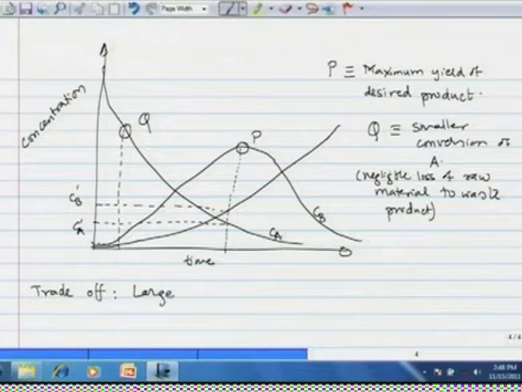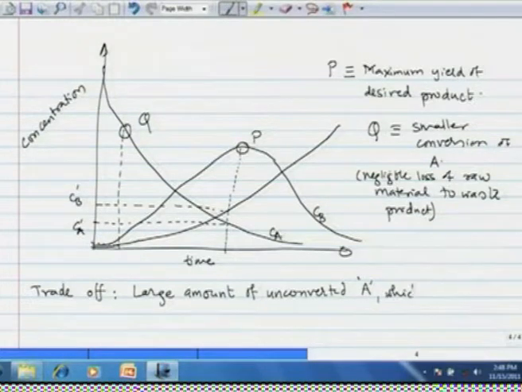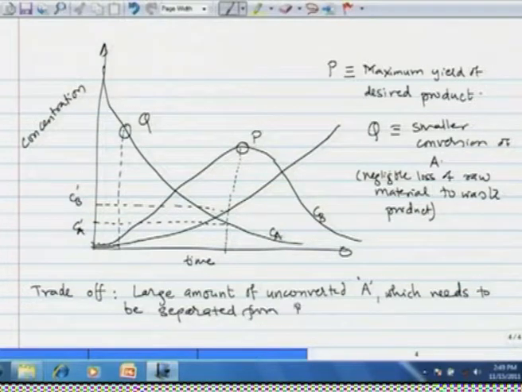So, that point we note, we are having a trade off for large amount of unconverted A, which is the reactant, which needs to be separated from B and C and recycled back to the reactor.